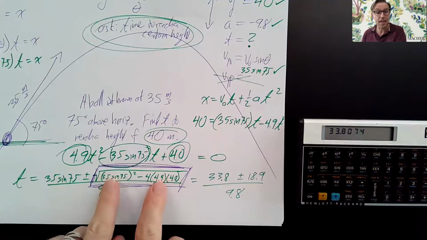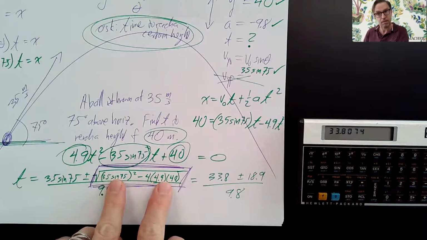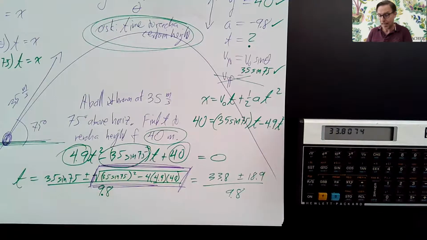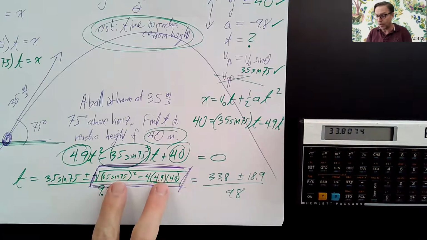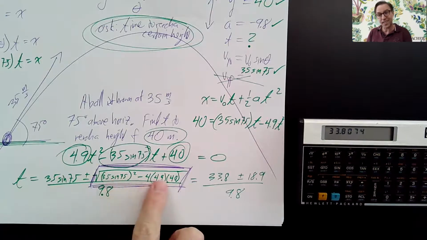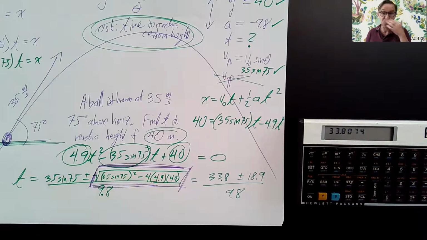If they were exactly the same size, then something minus something exactly the same size is 0. And in that case, this plus 0 and this minus 0, same thing. When these two are the same as each other, when what's inside the square root is 0, we call that the discriminant in your math class.